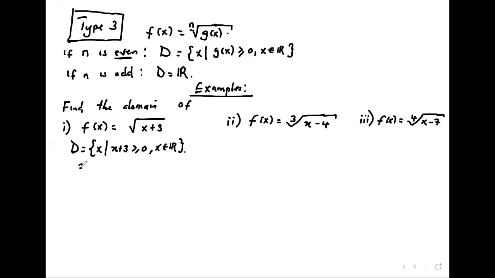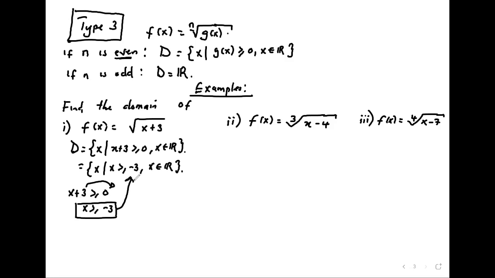What do we mean? It's x such that x is greater or equal to -3, but x is a real number. This means that we've taken x plus 3 greater or equal to 0, moved the other side, so that we remain with only x, -3. This is what we take inside there to form the domain for this type.